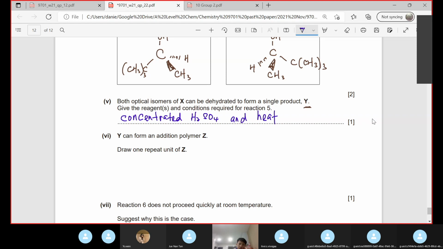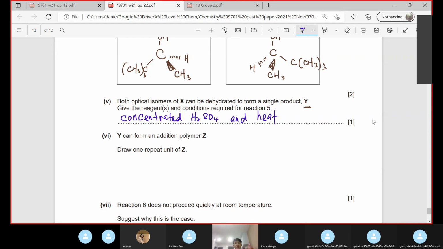As they accept heat, as long as you mention heat, it is correct for the condition part. Yeah, concentrated H2SO4 and heat.